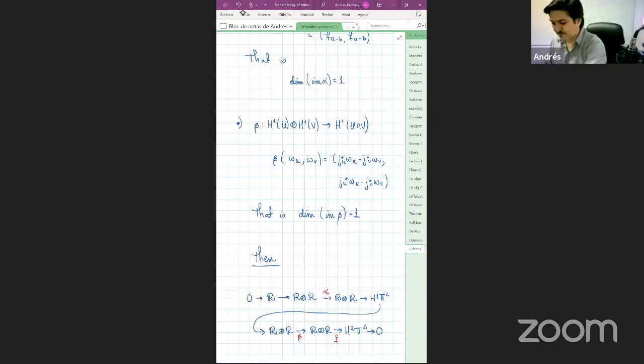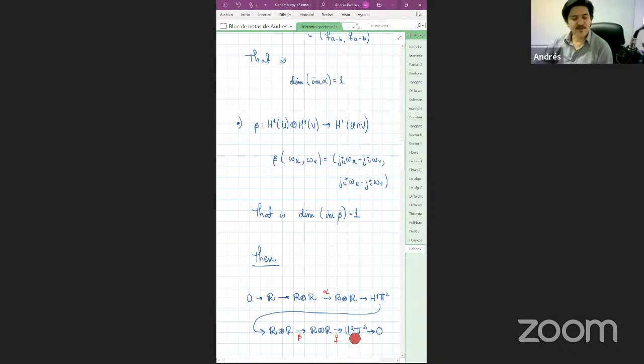So let's try to compute the dimension of this vector space. Once we compute the dimension of this vector space, then we can argue, as always, with the alternating sum formula to compute the dimension of this. Okay? So let's focus first on this one.